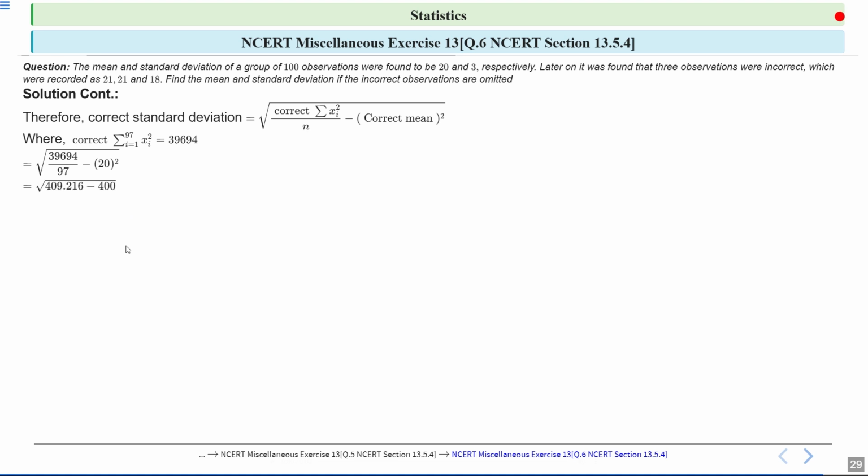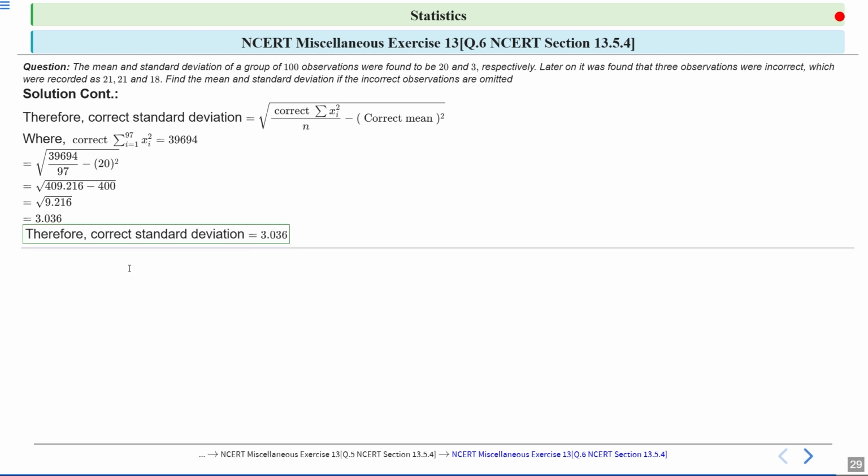This is equal to the square root of 409.216 minus 400. This is equal to the square root of 9.216. This is equal to 3.036. Therefore, the correct standard deviation is 3.036.